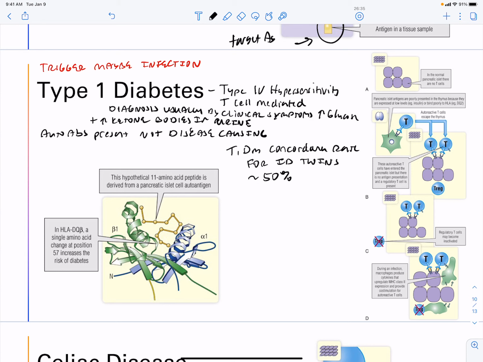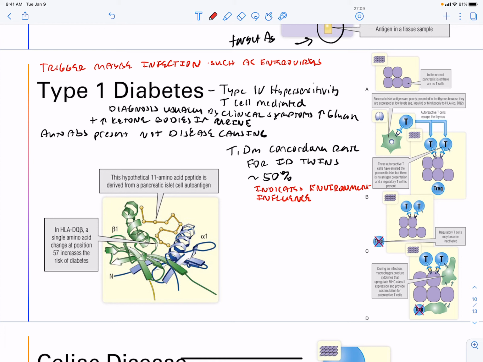And so this means that you're going to have an environmental influence. It might be an infection, for example. The trigger might be an enterovirus, as has been suggested, such as a Coxsackie virus.